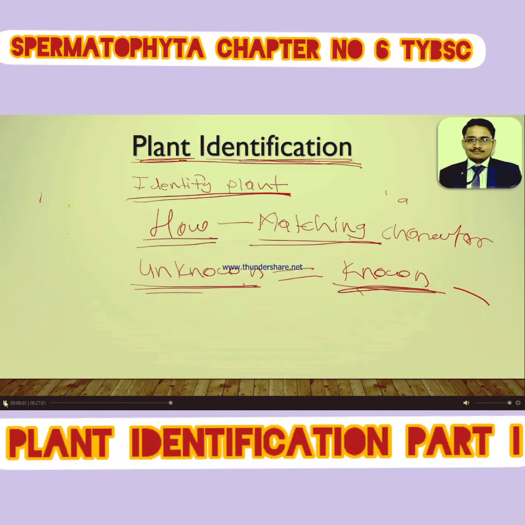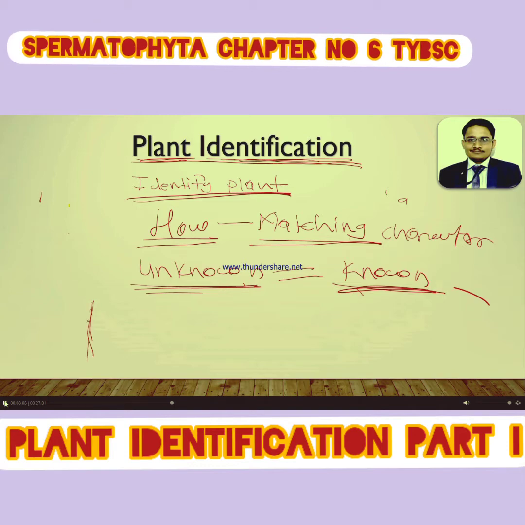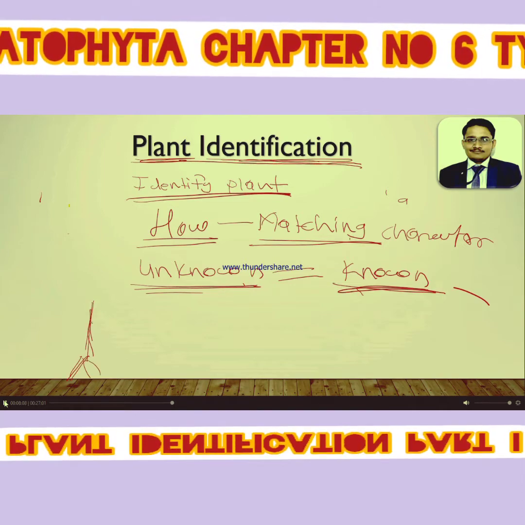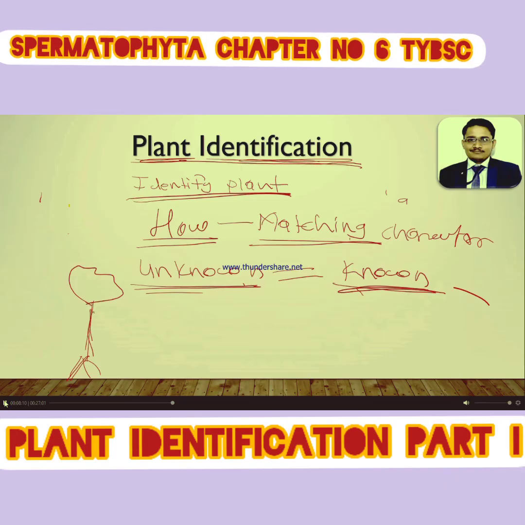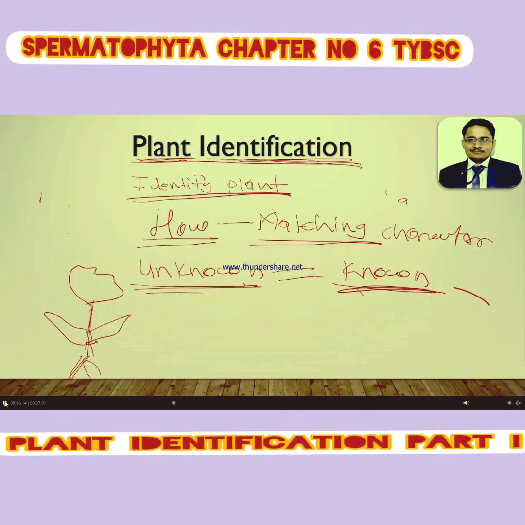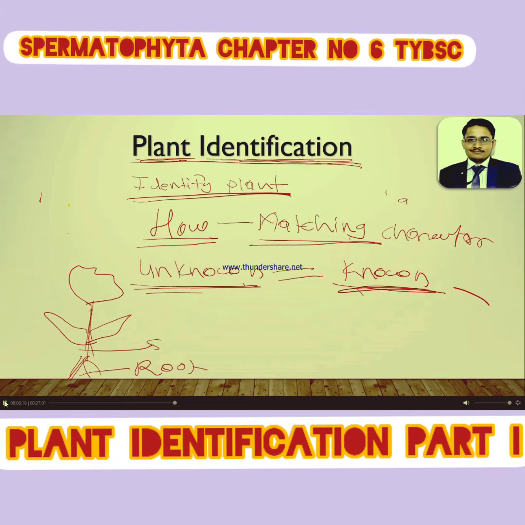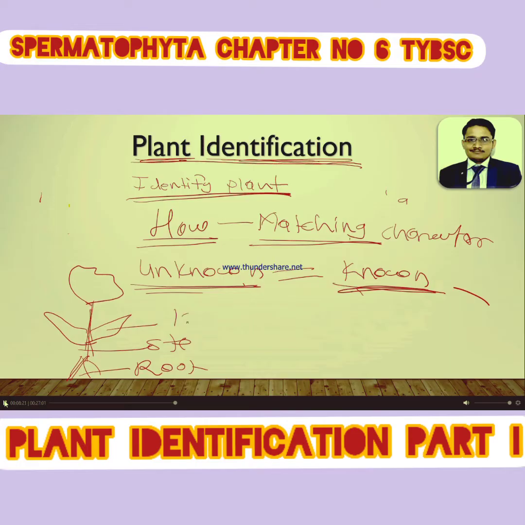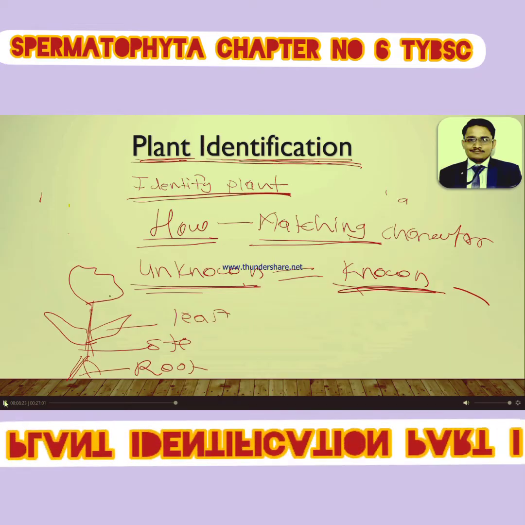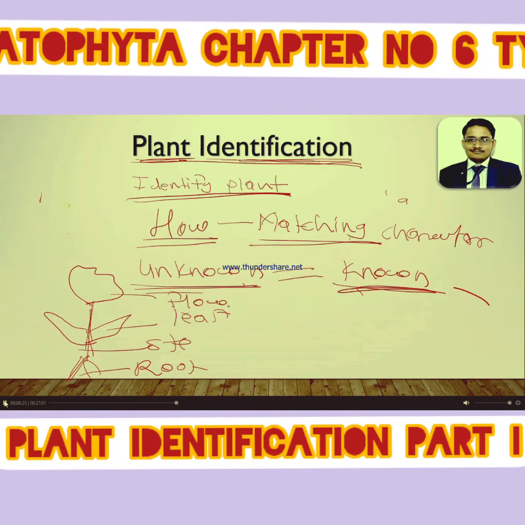For example, I explained the hibiscus example. A hibiscus-like plant is present. It has a root, stem, leaf, flower.